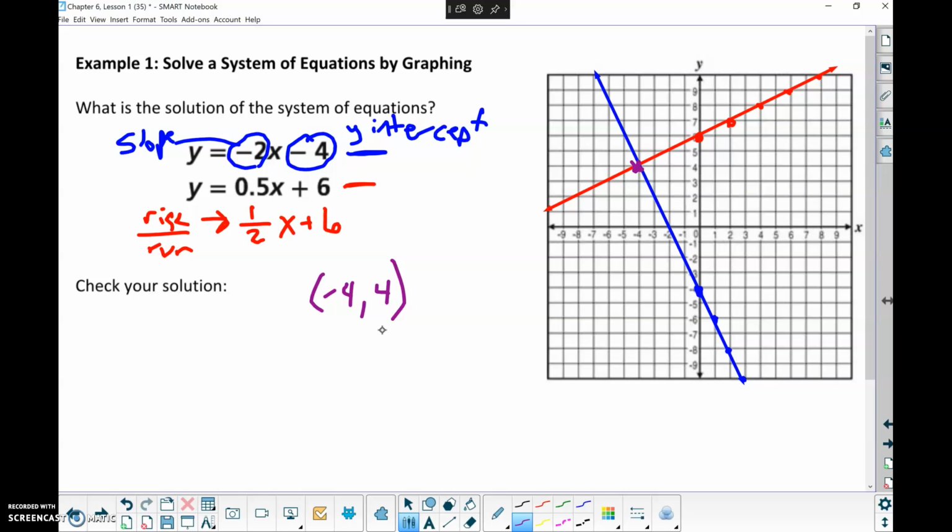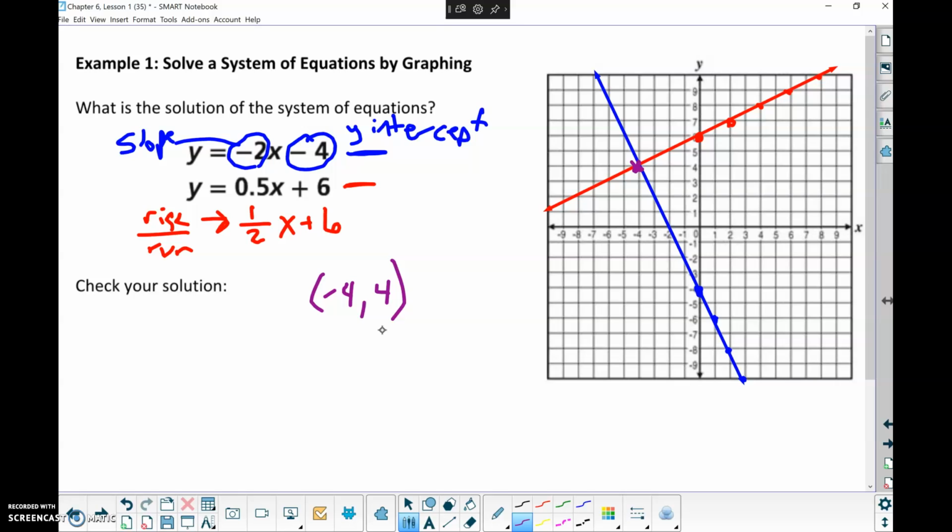And 8 minus 4 is 4, which is what it says I should get. And if I check the other one, what is 0.5 times -4? Or what is half of -4? -2 plus 6, 4. The y value for our solution. That's good. That means our solution is correct. We got the right point of intersection.